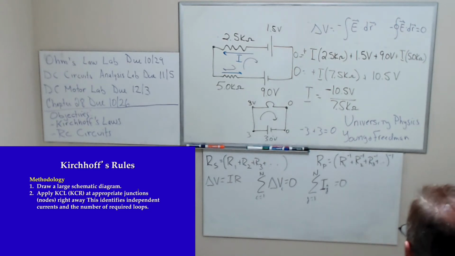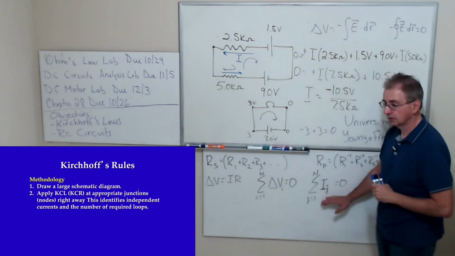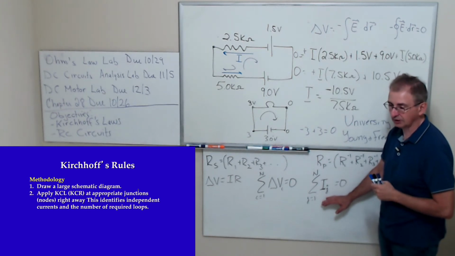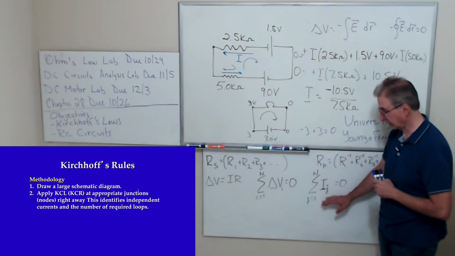And then right away, you apply the current rule, or the current law, however you want to call it. You want to apply it right away. This will allow you to figure out how many independent currents there are and how many loops you need to solve the circuit.